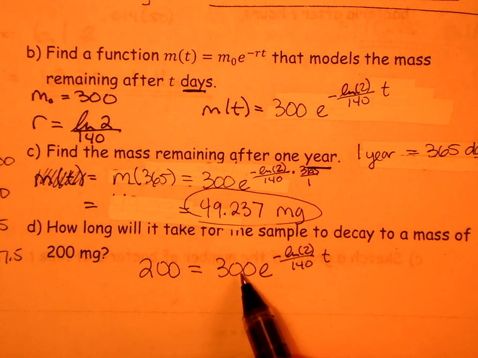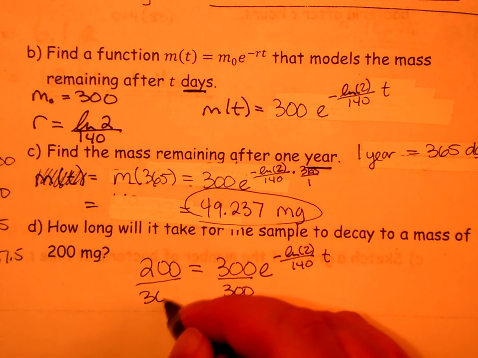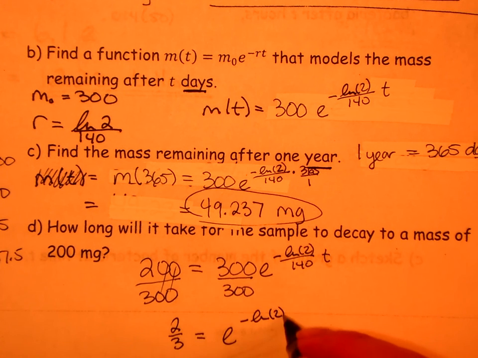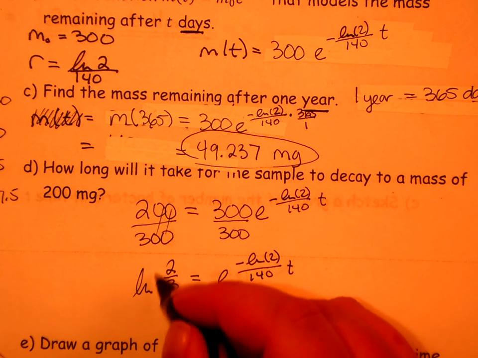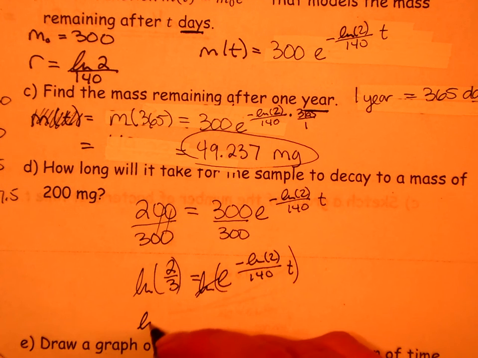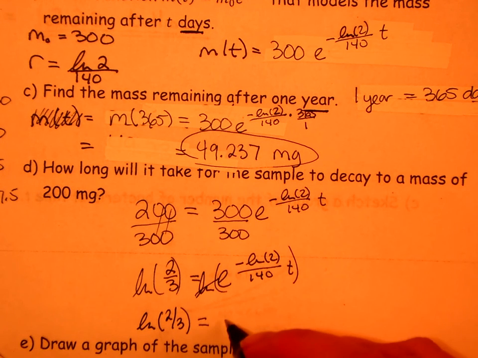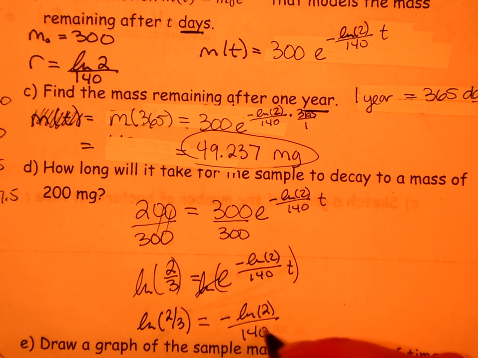The first thing we want to do is get rid of this constant. So I get 2/3 equals e to the negative ln of 2 over 140t. Now I can cancel the e, so I'm going to ln both sides. So I get ln of 2/3 equals negative ln of 2 divided by 140t.